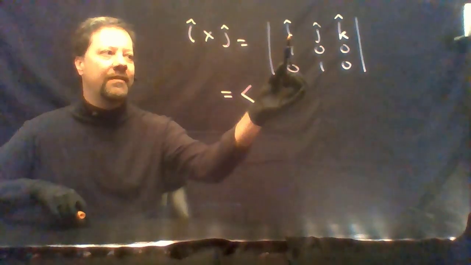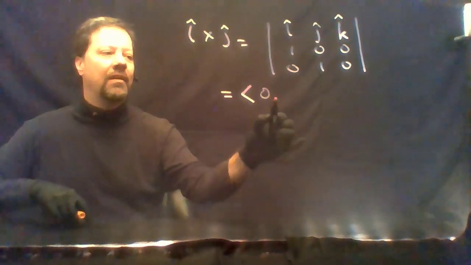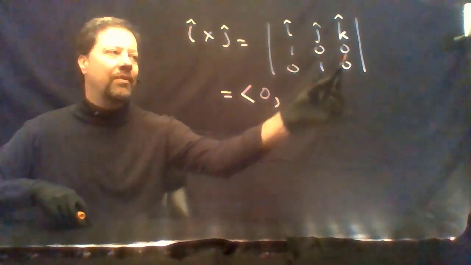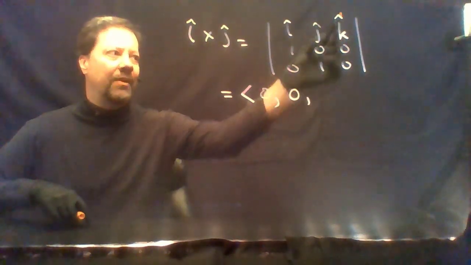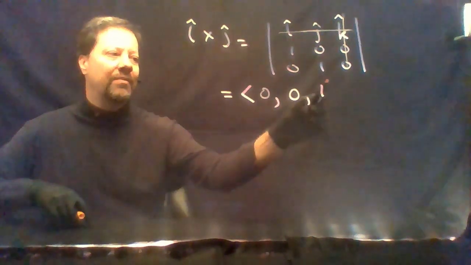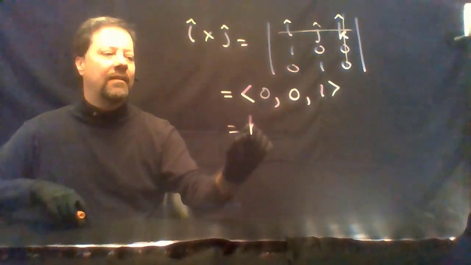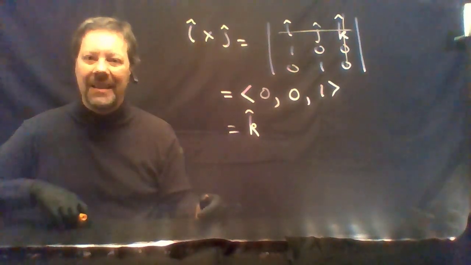What does this give? The i component gives you exactly 0. On the j component, you also get 0. But for the k component, crossing out its row and column, we get 1 minus 0. So i cross j ends up being k.